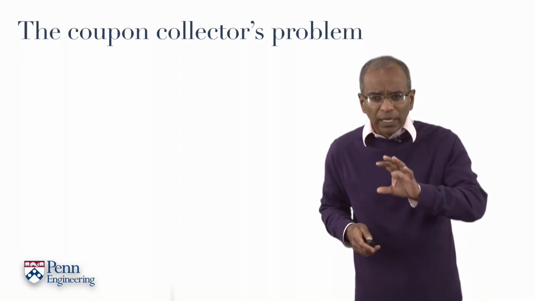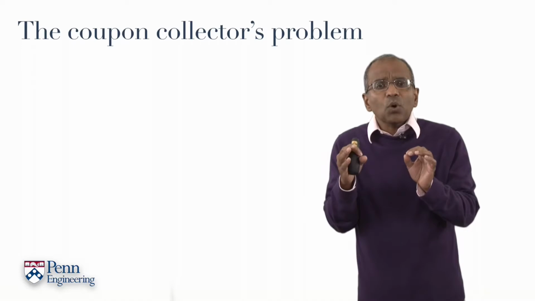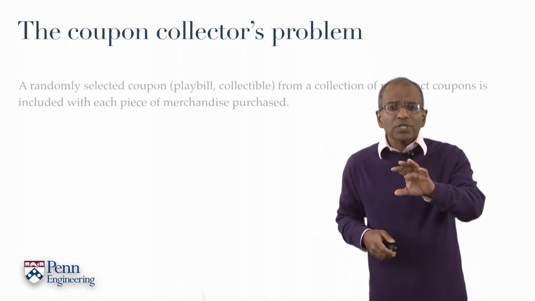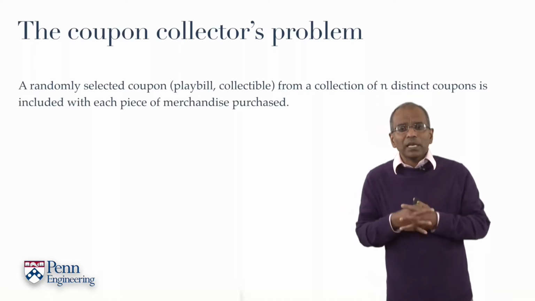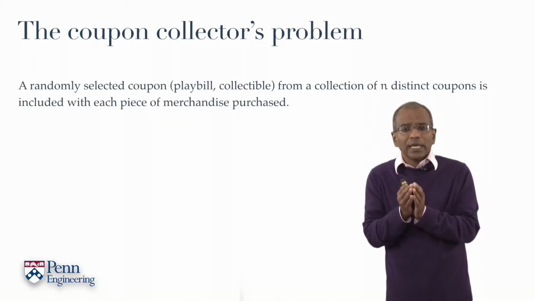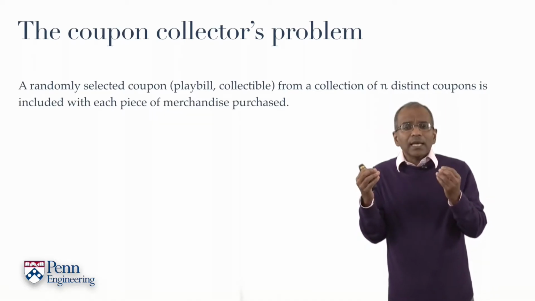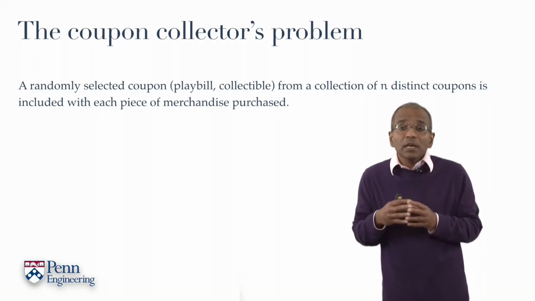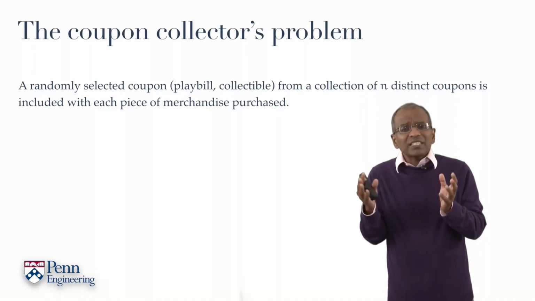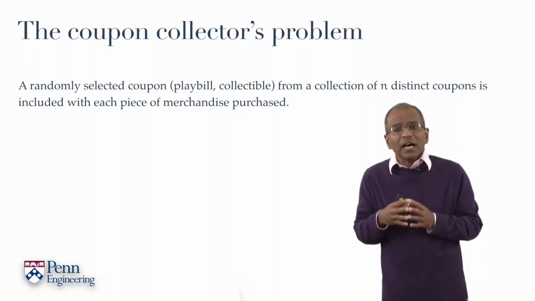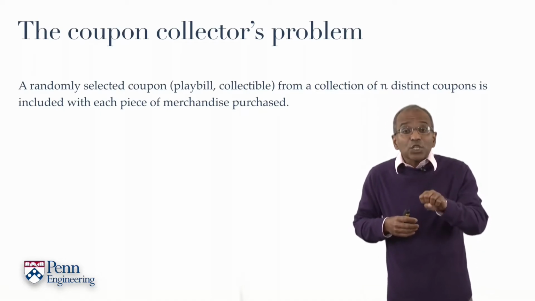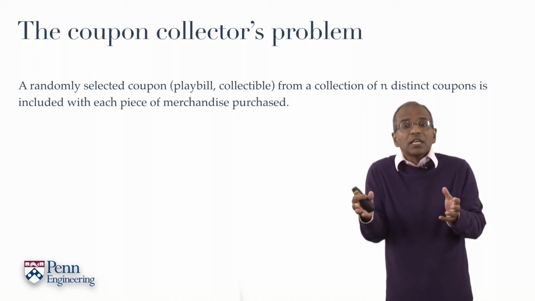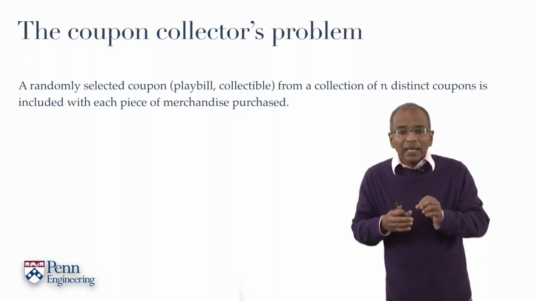So let me give you a clean version of the problem. This is called the coupon collector's problem. And let me put this in the context of the Gilbert and Sullivan playbills in the following light. Let us say that a novelty manufacturer, perhaps in London, faced with falling sales of his novelty items, decides to try to capitalize on a feeling of nostalgia current in the population at this time.